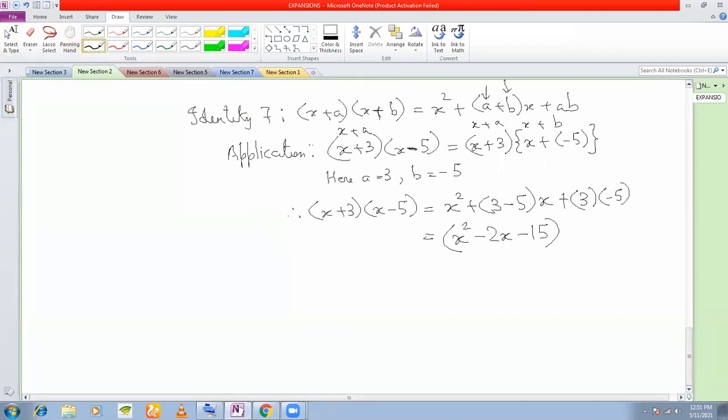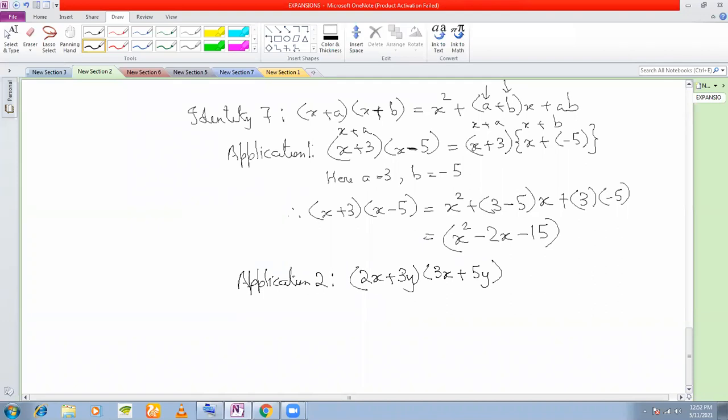I'll show you another application of this identity, and why it is important is because of this kind of sums. Say I want to find the product of (2x + 3y) and (3x + 5y).